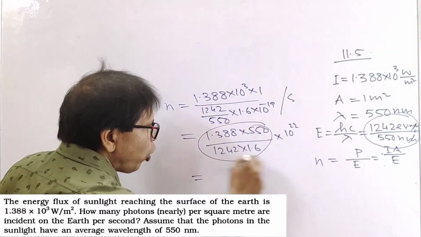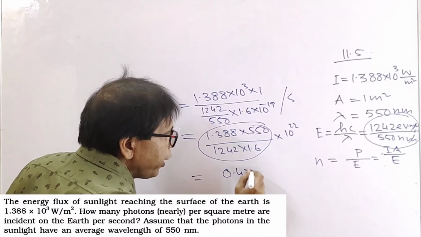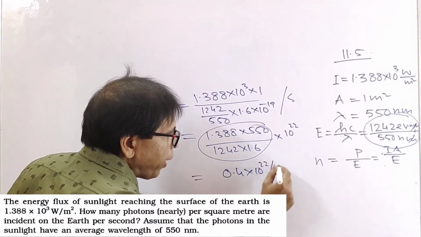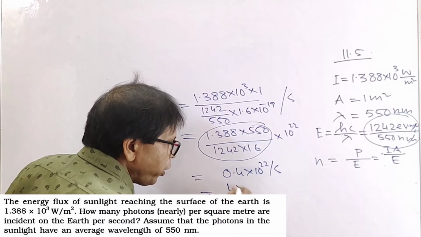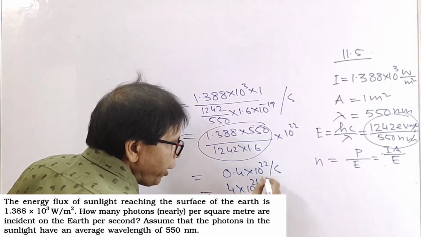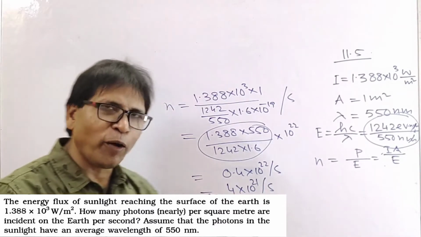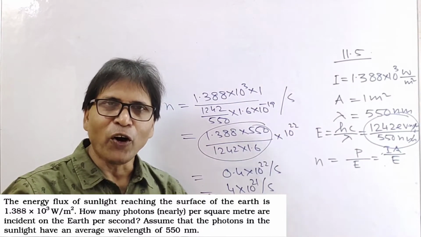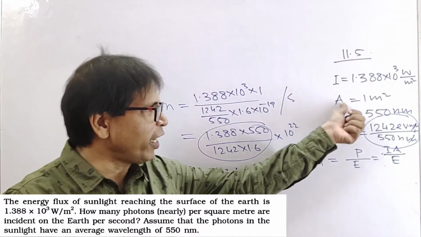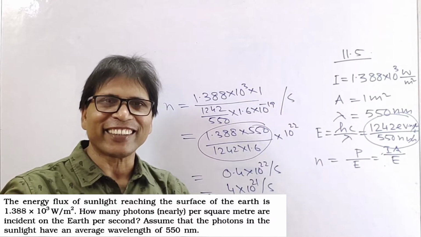Okay, this is almost equal to 0.4 into 10 to the power 22 per second. So this is 4 into 10 to the power 21 per second, the rate of incident photons on the earth surface on an area of 1 meter square.